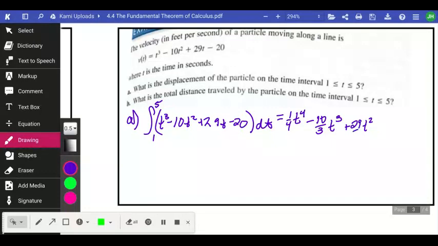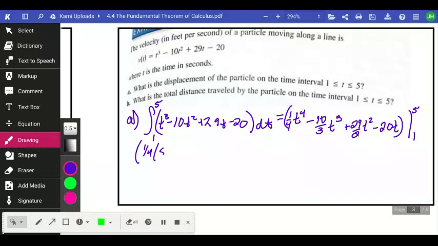Good. So 29 halves t squared. And then antiderivative of 20t. Put this in parentheses. And we're going to evaluate it from 1 to 5. So that means you are going to plug in 5 minus plug in 1.